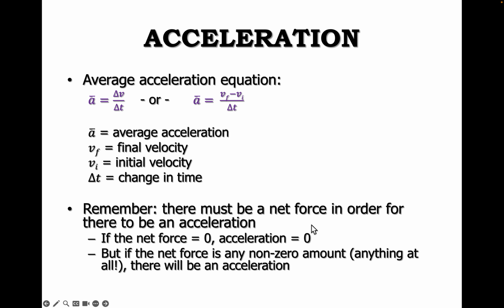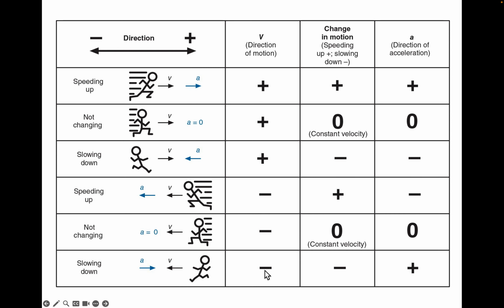As a reminder from before, we must have a net force for there to be an acceleration. So if net force is 0, acceleration is 0. But if the net force is positive or negative, there will be an acceleration happening. And we just saw that in the previous slide.